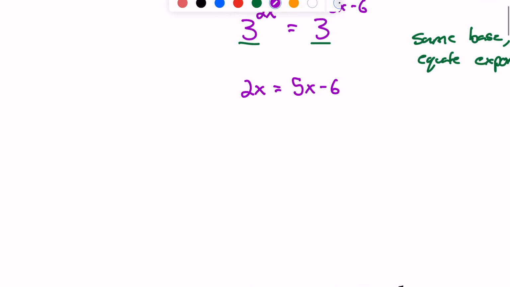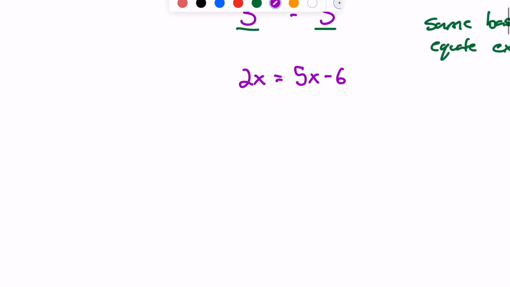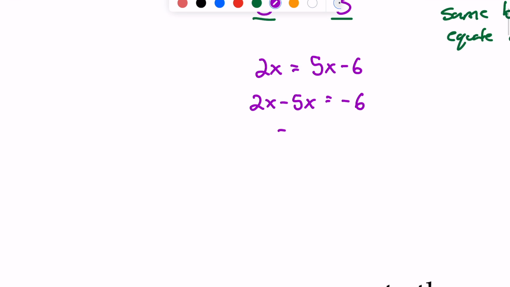Well, now it's just solving a linear problem. So we have to bring the unknown to one side and everything else to the other. So we have 2x minus 5x, and that would be equal to what's left over on the right, negative 6. So we have minus 3x equaling negative 6, or x would have to be 2. And there we go.